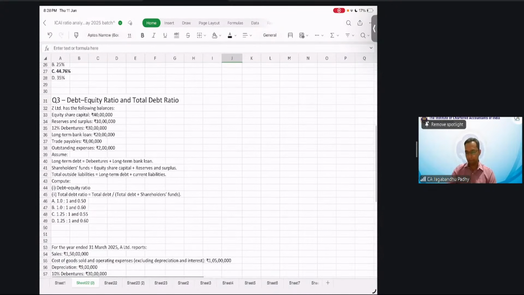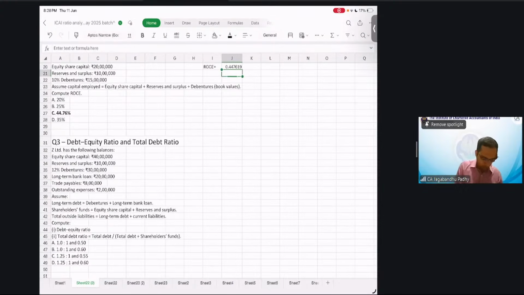What about question 3? Calculate the debt equity ratio and total debt ratio. Yeah, third question.